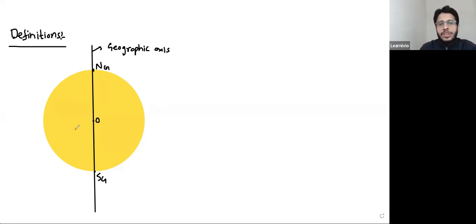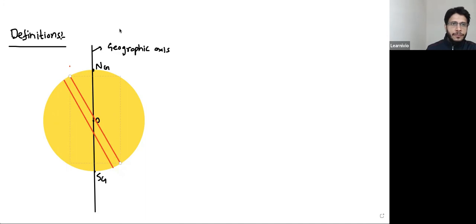Now, if you take a freely suspended magnet, that freely suspended magnet would always align itself along this direction. This is the south pole of the magnet, and this is the north pole of the magnet.